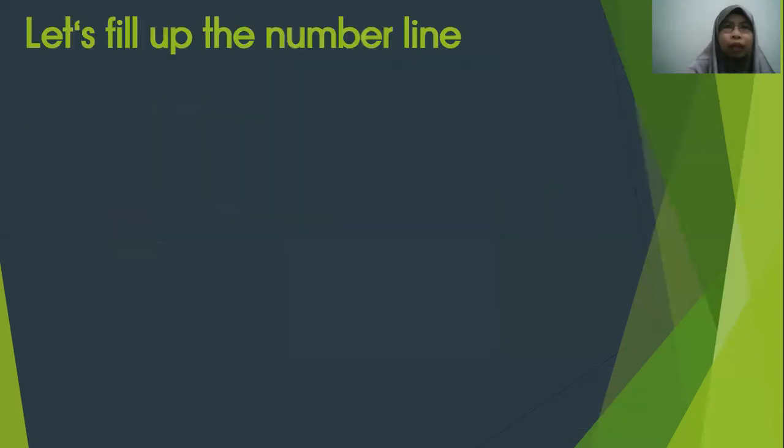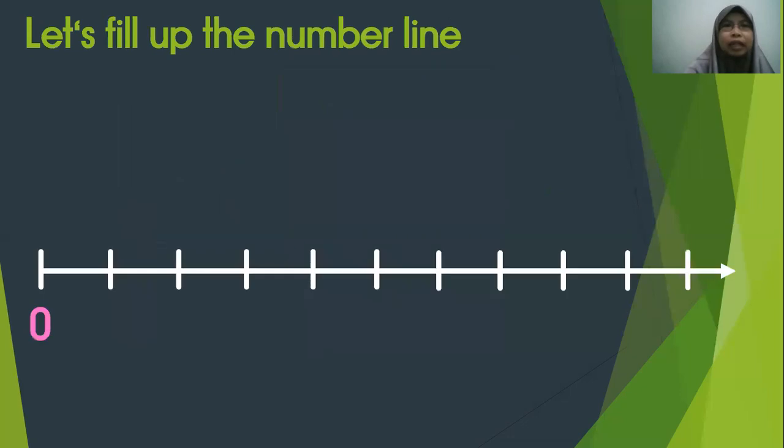So now, let's fill up the number line. Actually, this number line shows the relationship between the fraction and the decimal that we learned just now. So this one, 1 over 10. What is the number in the form of decimal?